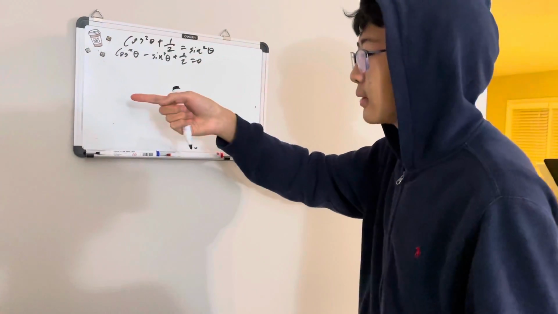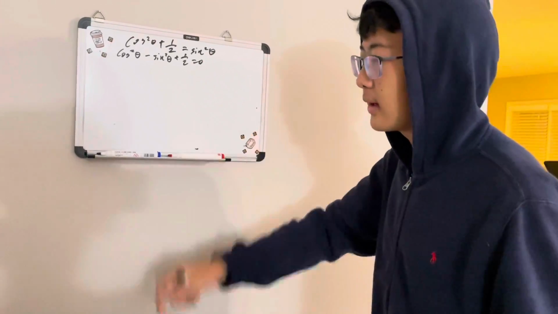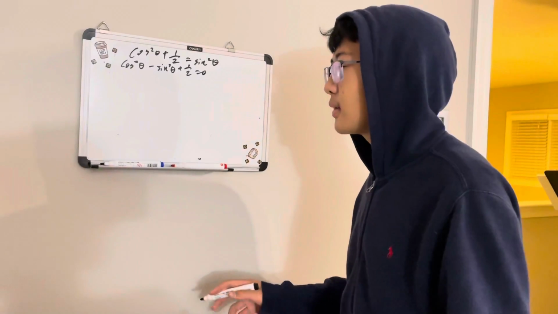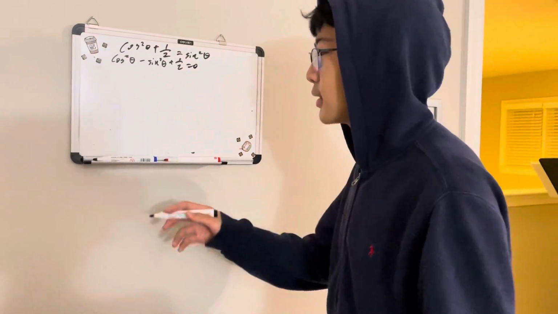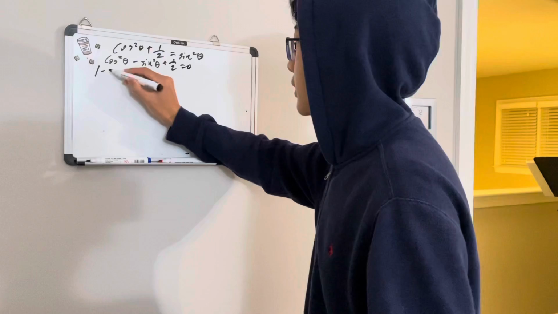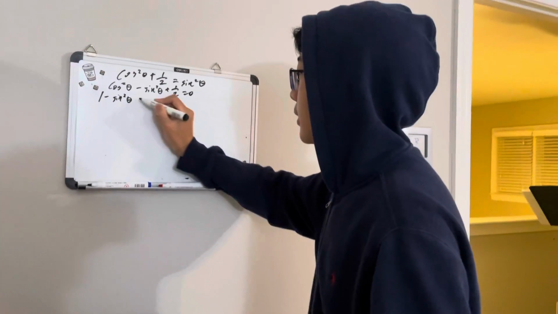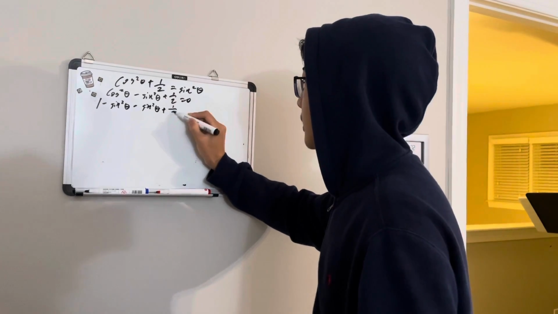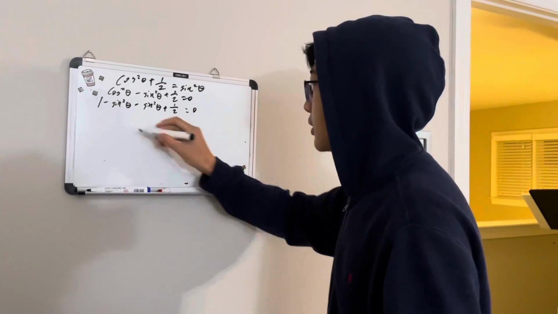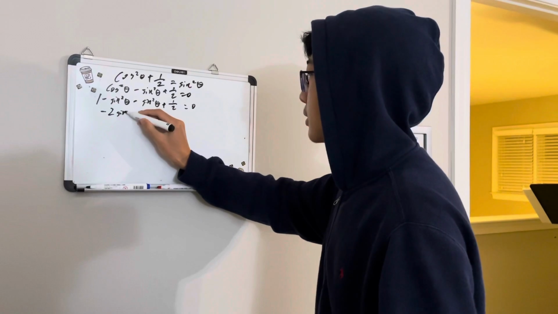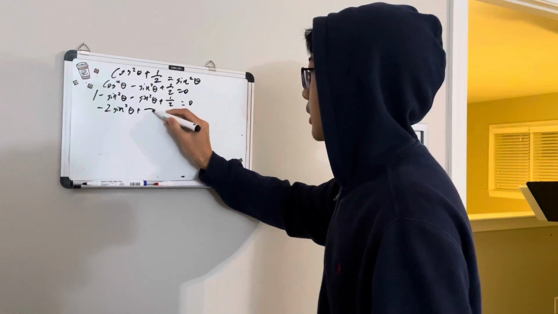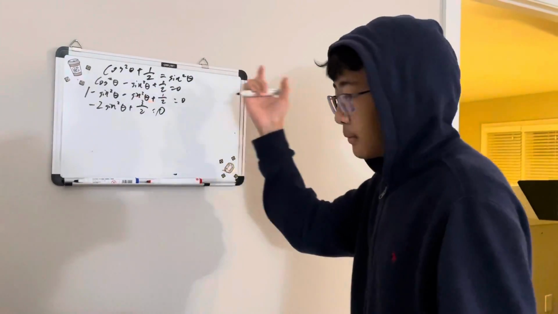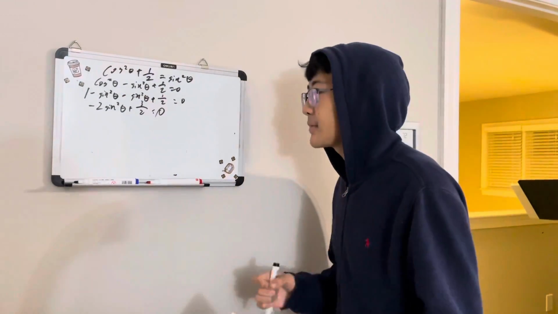Cosine squared can be turned by the Pythagorean identity, which is sine squared theta plus cosine squared theta equals 1, and we can turn this into 1 minus sine squared theta minus sine squared theta plus 1/2, and we combine like terms: negative 2 sine squared theta plus 3/2.